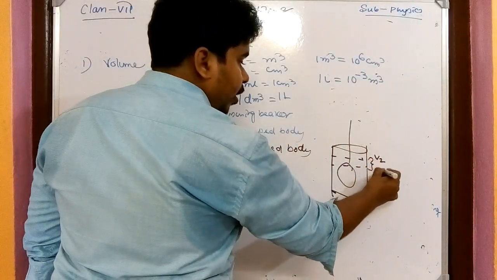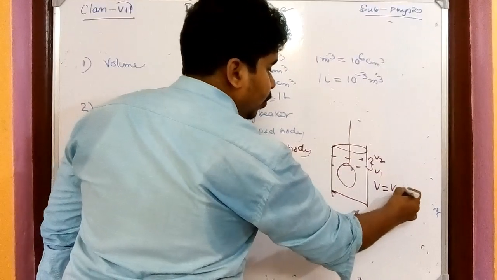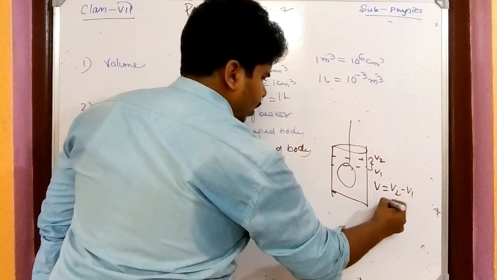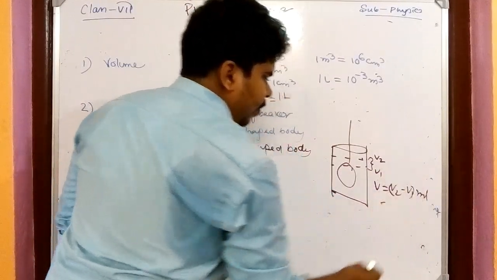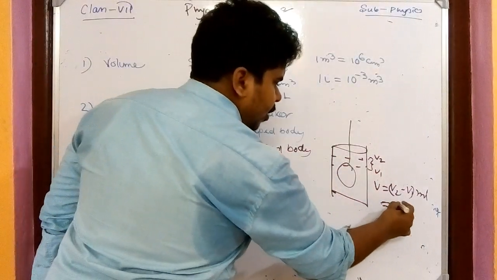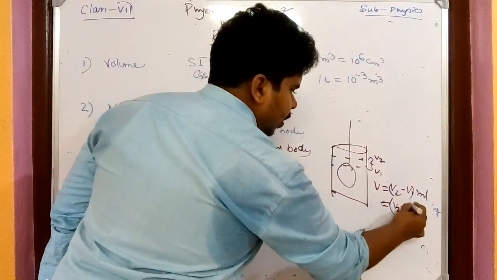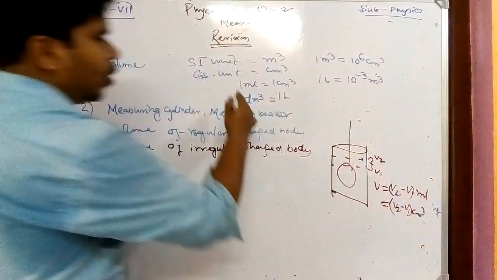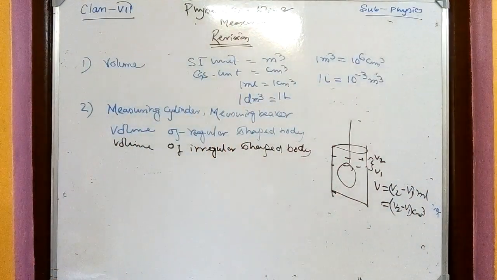If the final level is V2 and the initial level is V1, then V equals V2 minus V1. It will come in ml, and as it is a solid, that means V2 minus V1 centimeter cube, as 1 ml equals 1 centimeter cube. So this is the process by which we can measure the volume of an irregular shaped body. So that is the story of volume.